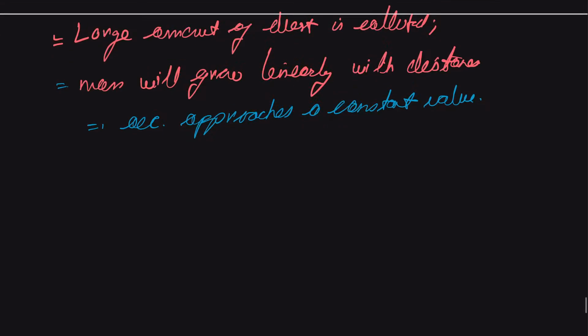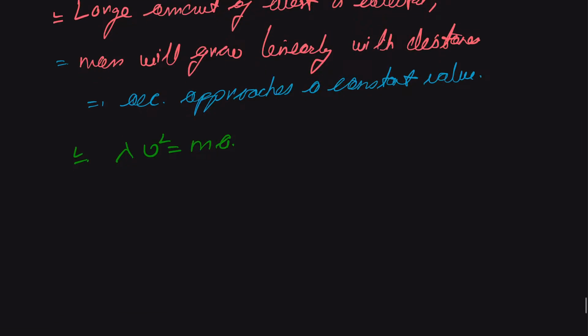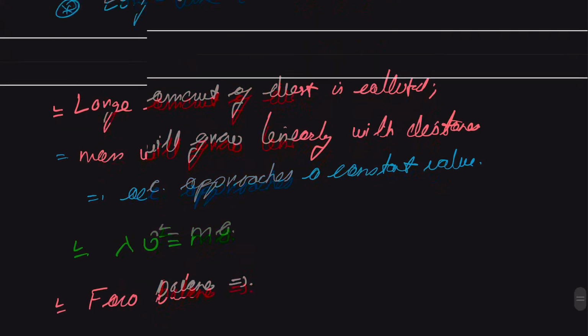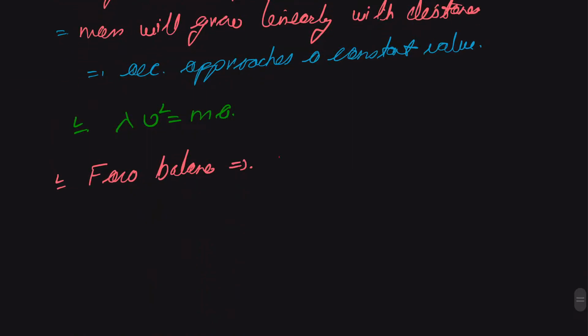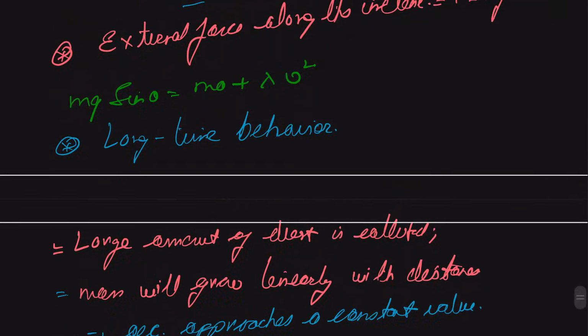Mathematically, we can write this as lambda v square is equal to m times a. And now we can easily use the force balance. Our force balance gives us mg sine of theta is equal to lambda v square.